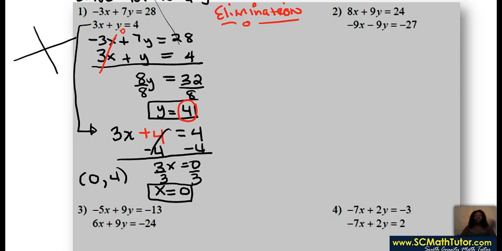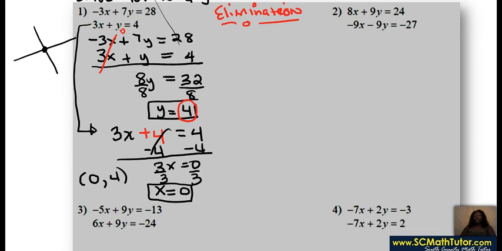Wherever that is, these two lines are crossing. Again, this is not an accurate graph. I'm just trying to give you a visual of what it means to solve. It's like, where did the two lines cross?